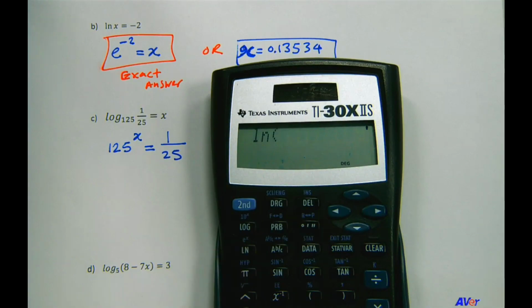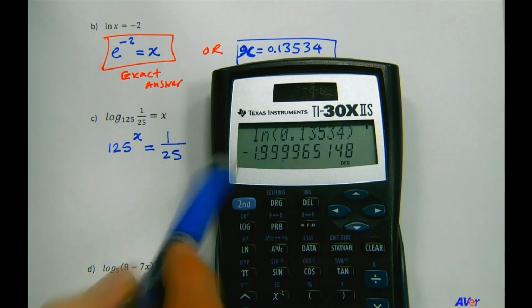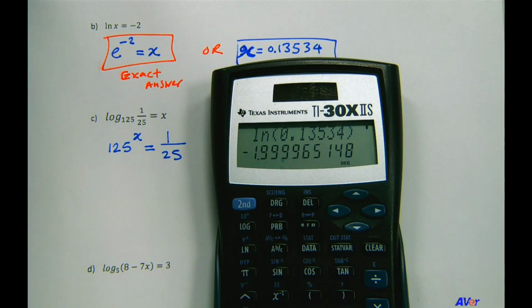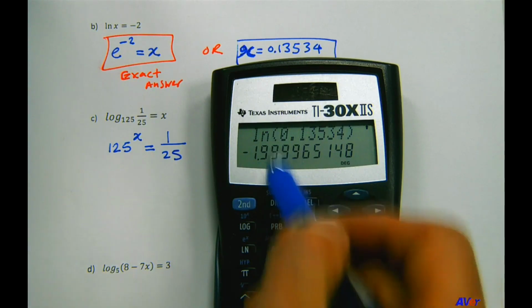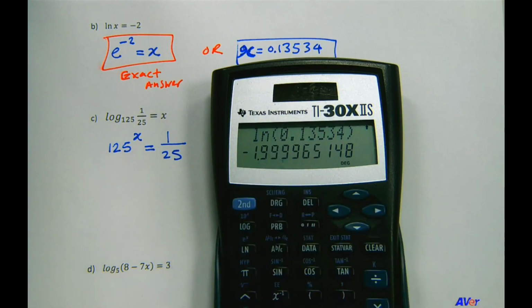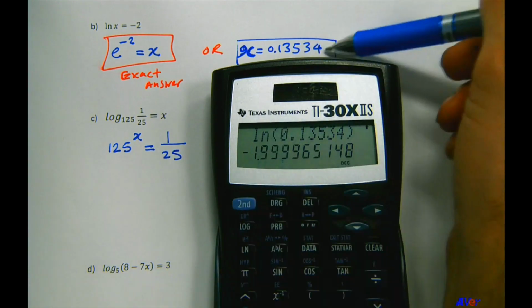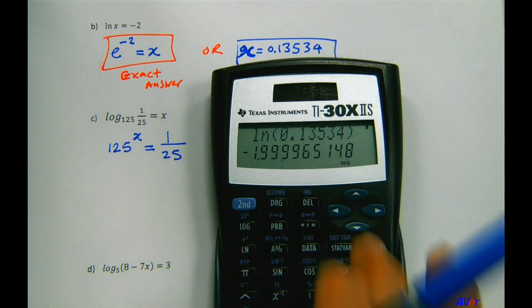Natural log of 0.13534, like that. Look at that, minus 1.99999. You see that? That error, the fact that it's a little bit off from -2, is because I rounded that number. That's all. Okay.